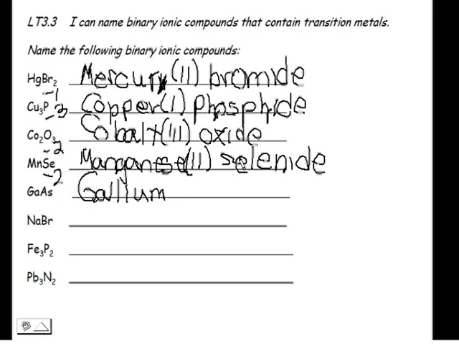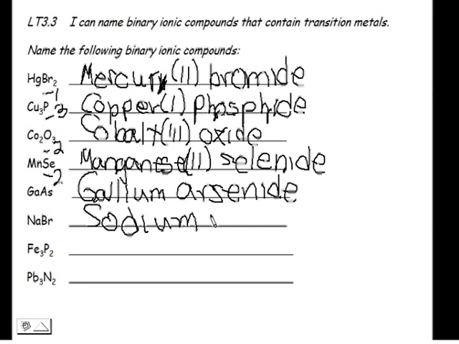Arsenic will follow along suit with others that you see of binary compounds, which means that it will end in IDE. So this would be arsenide. Okay, as I mentioned, sodium, group 1A, is not multiple charge, one designated charge. It does not require a Roman numeral, so this will be sodium bromide.